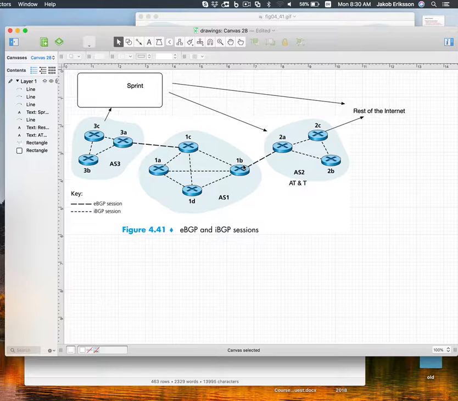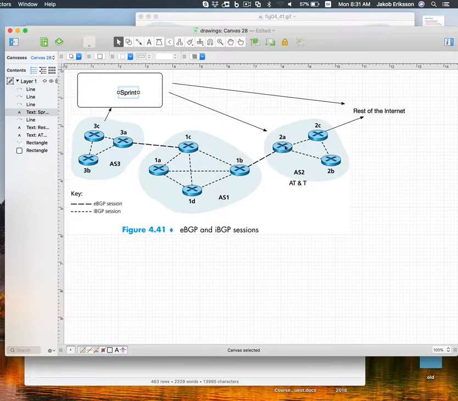We know about that. Okay, but similarly, AT&T received an update from Sprint saying, oh yeah, one of my customers, I actually have direct connectivity with AS3, this IP subnet. So Sprint would have forwarded a message to AT&T, which was then forwarded to AS1. AS3 originally sent the message, I have this subnet, sent that to Sprint, Sprint forwarded to AT&T, and AT&T forwarded to us, right?